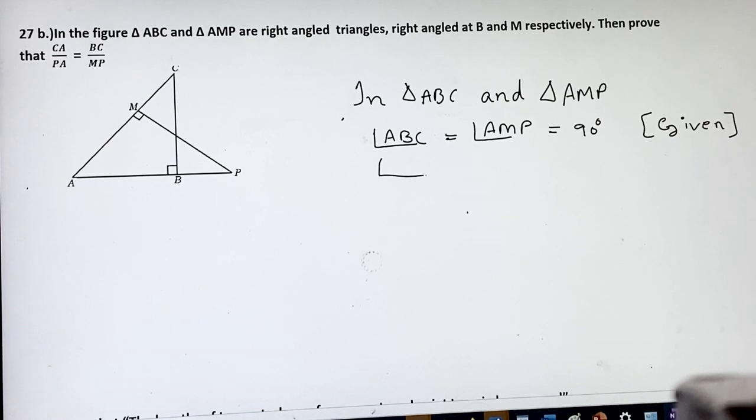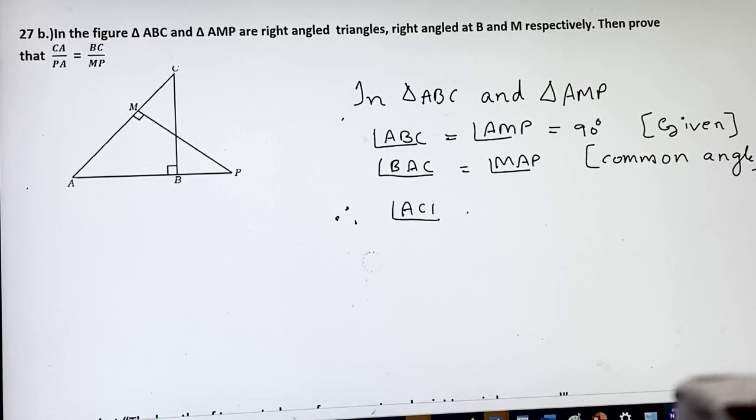To write that, angle BAC is equal to angle MAP. This is the common angle. Therefore angle ACB is equal to angle APM.